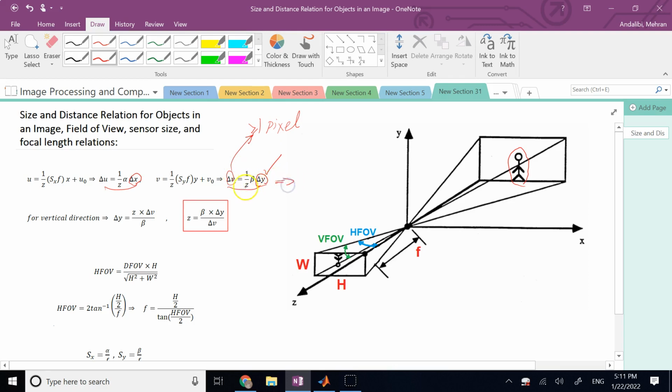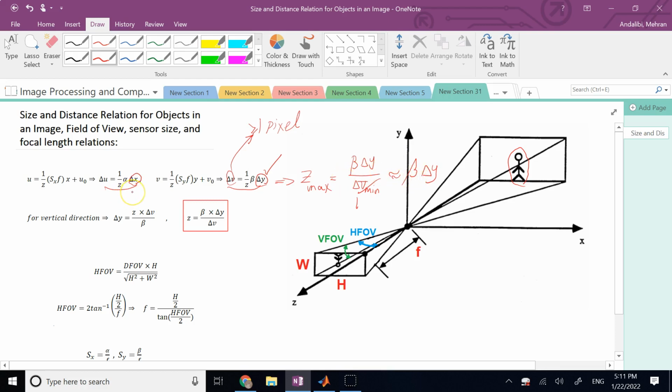then from here you can find what? Z max. So Z max, the maximum range, is going to be what? It's simply going to be beta delta y divided by delta V min. And if this delta V min is 1, it is going to be simply beta times delta y, right, for the vertical direction.